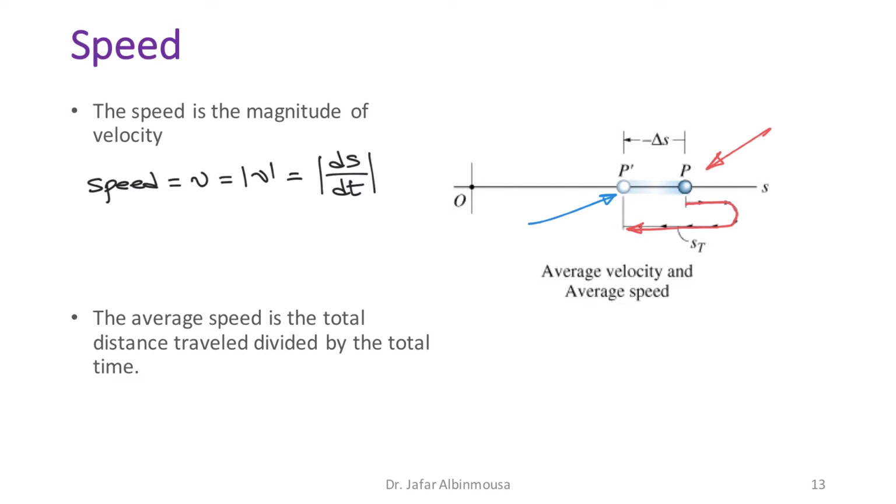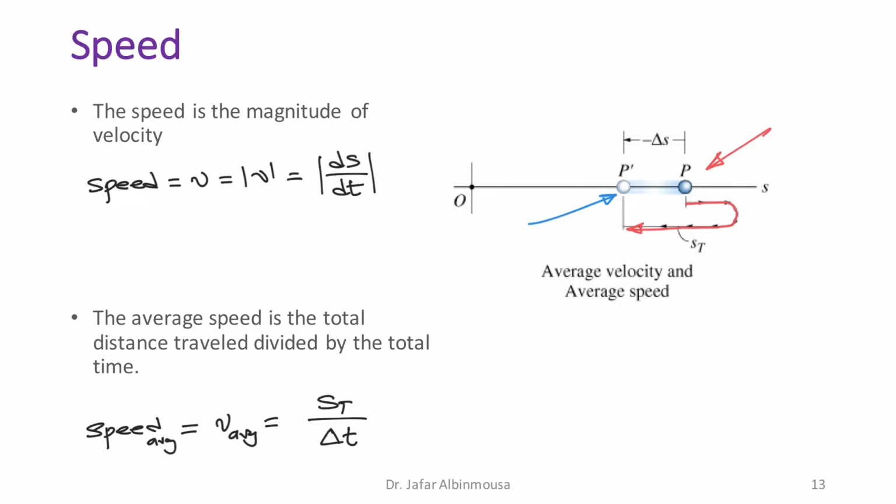If you want to define the average speed, we write it as average speed equals S_T divided by delta T. What is S_T? S_T is the total distance traveled, all of this red path, divided by the amount of time.